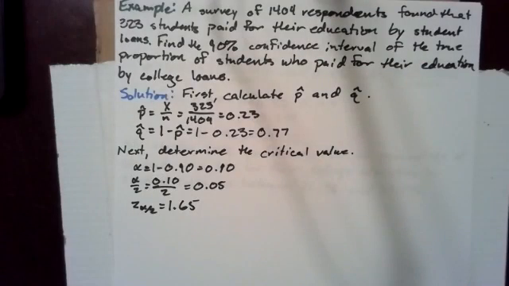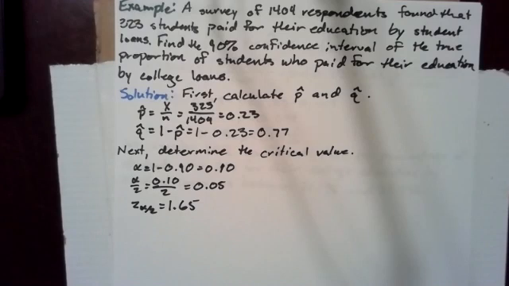For example, a survey of 1,404 respondents found that 323 students paid for their education by student loans. Find the 90% confidence interval of the true proportion of students who paid for their education by college loans. First, we calculate p hat and q hat. P hat is equal to x over n, which is 323 over 1,404, which is 0.23 or 23%, but we're going to keep it in that decimal form.